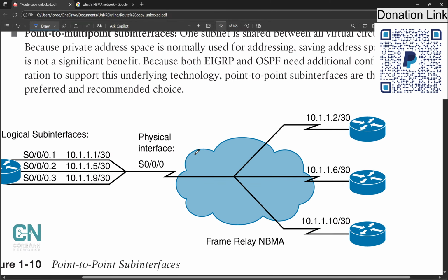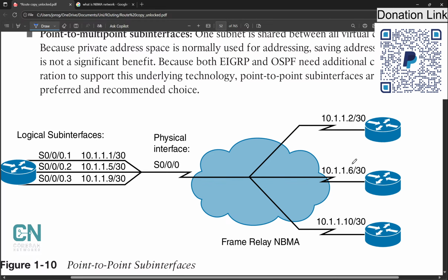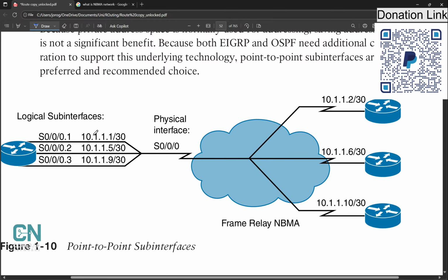So if you look at this figure, we now see the subinterfaces look at every router independently. So we have 1.1, 1.5, 1.9 and one physical interface.